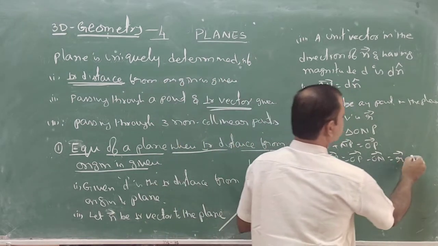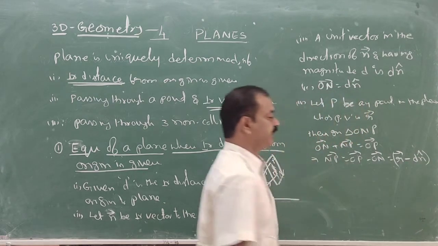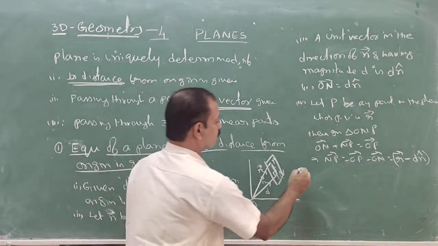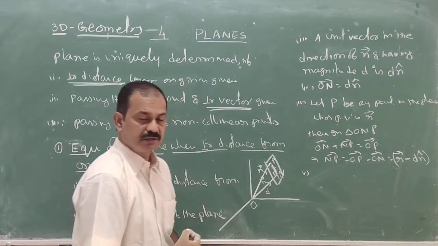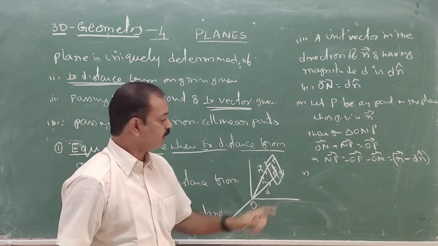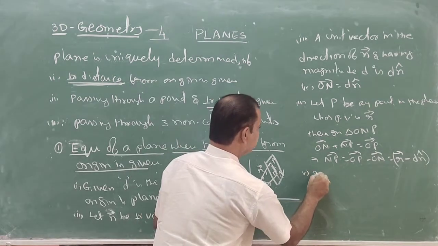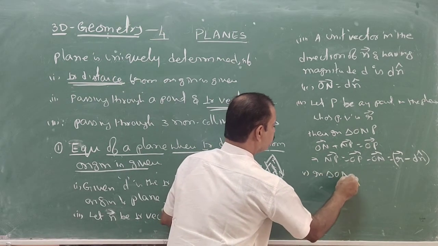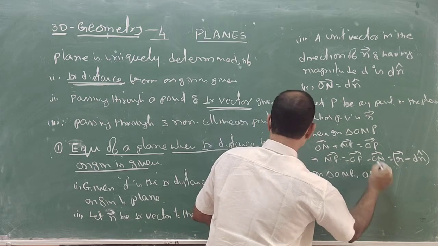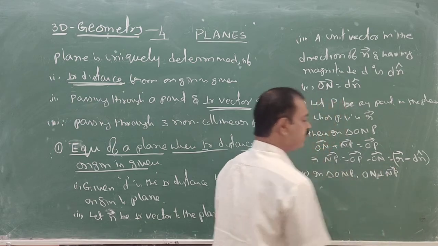Already we have found ON is nothing but d into n cap. So I found what is NP. Now the last point is, when you see the picture, NP is perpendicular to ON. So in triangle ONP, ON is perpendicular to NP.